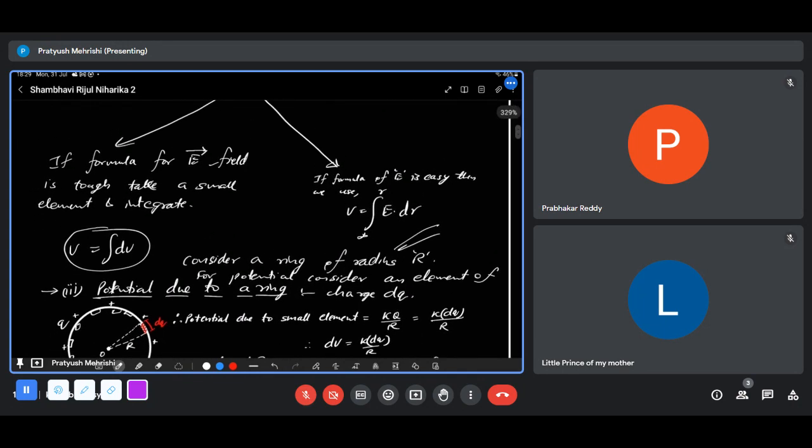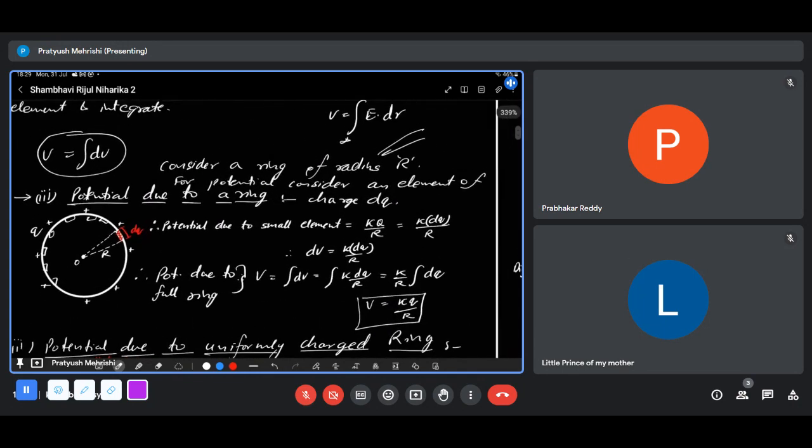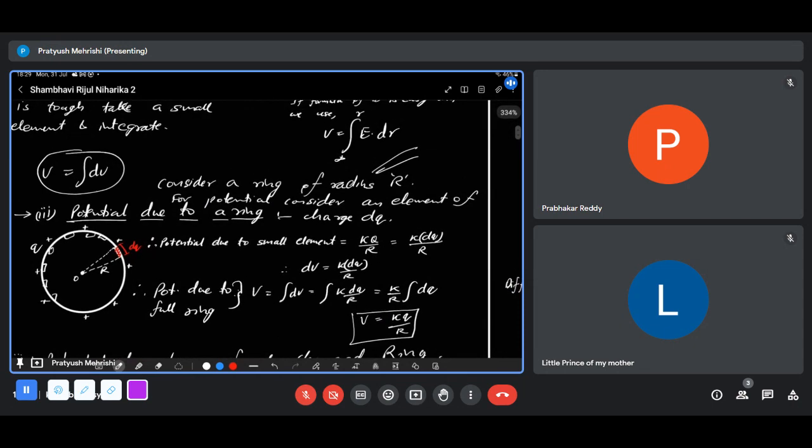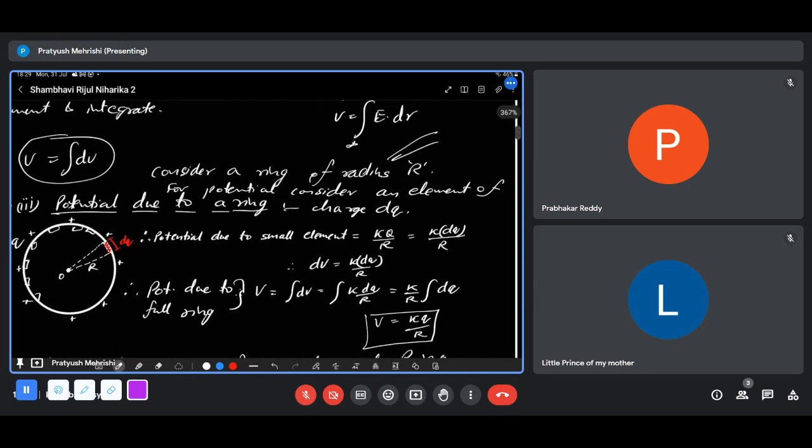Fine. Now, potential due to a ring. What will be the potential due to a ring? For this, we will take a small element and find potential at the center due to that element. Potential due to the small elements will be directly added up for each and every element.